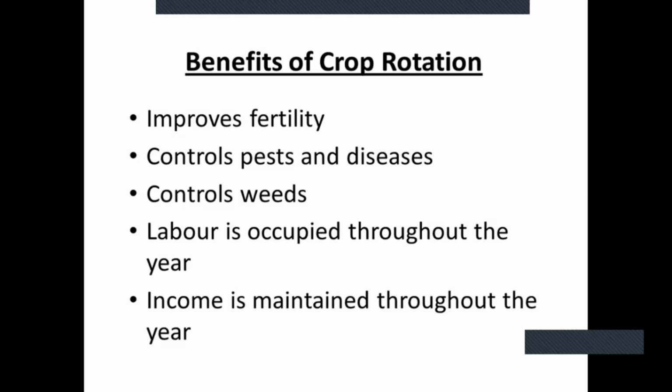Then labor is occupied throughout the year, which means he gets work throughout the year. He can do work which will help him earn more money. Income is maintained throughout the year. That is why you get a crop for the full year, and the farmer gets money for the full year.